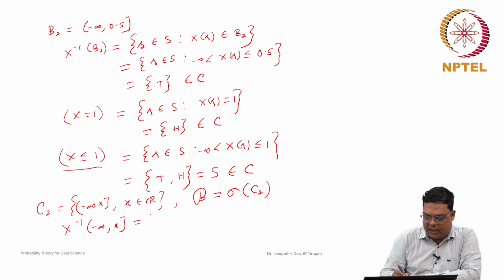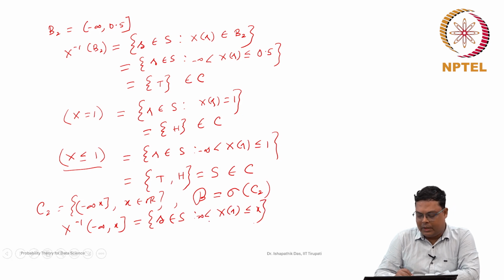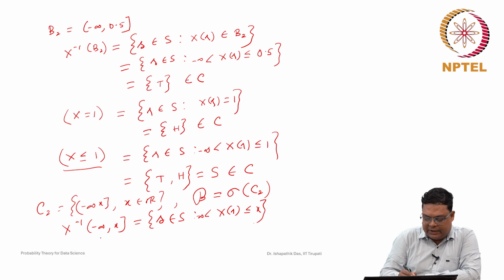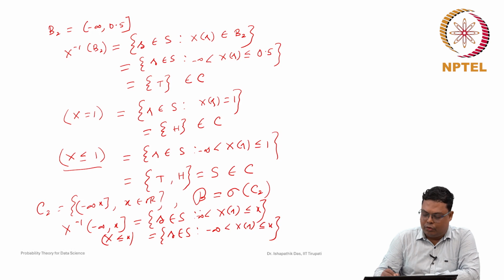This is nothing but all s belonging to S such that X(s) is less than or equal to x, greater than minus infinity. If you denote this notation X less than or equal to small x, this is also the same as all s belonging to S such that minus infinity is less than X(s) less than or equal to x. So both are the same.